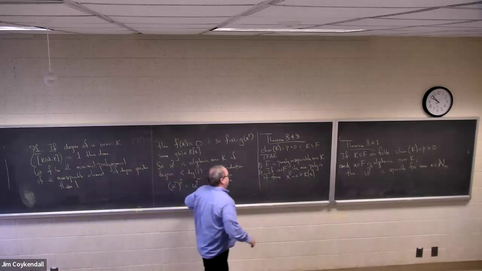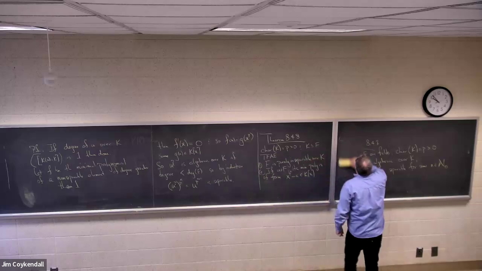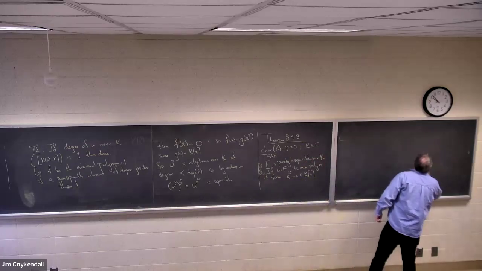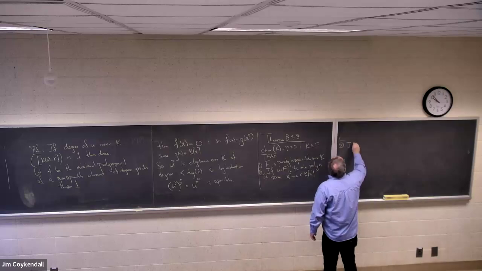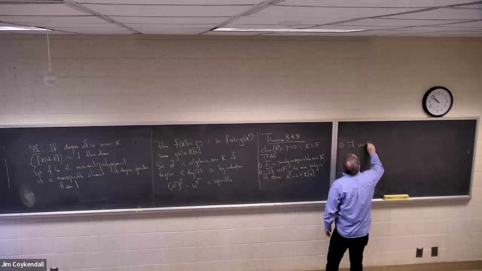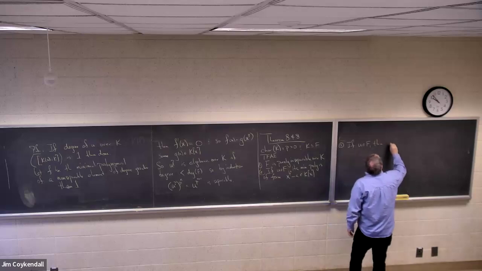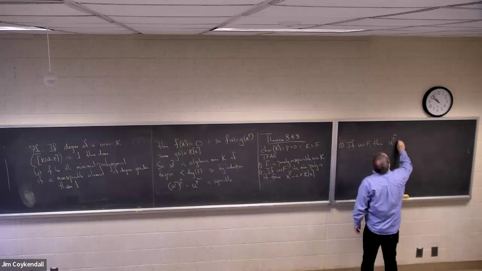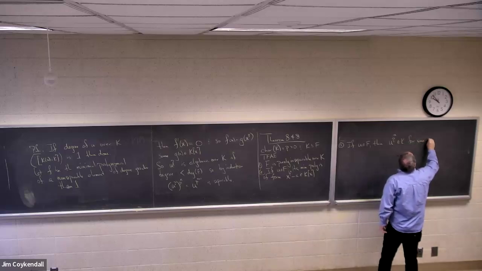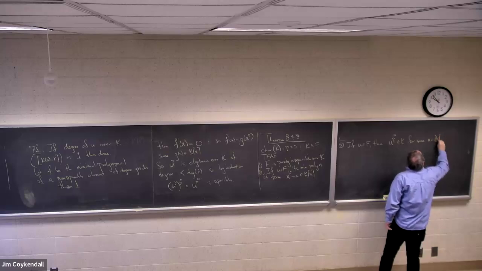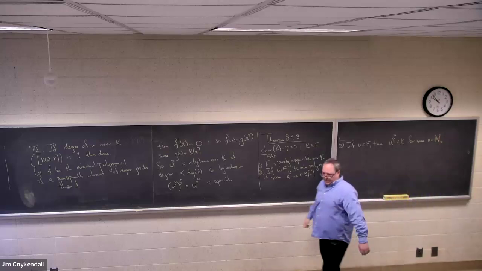Number three, if u is in F, then u to the p to the n is in K for some natural number n greater than or equal to zero.